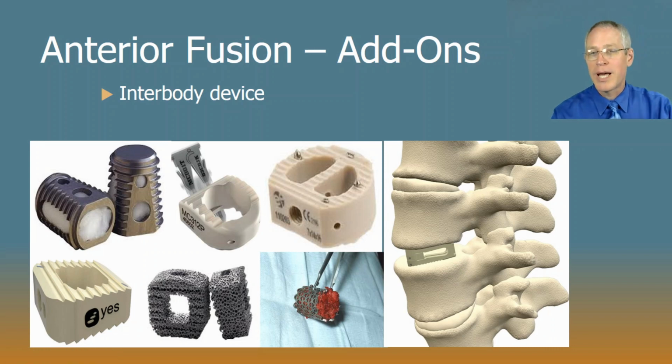So the anterior fusion add-ons, I showed you some morselized bone graft. Here are some interbody devices. We have the metal titanium type, which are put in through an X-lift or D-lift approach through those tubular retractors, so you can see that they're kind of skinny and corkscrew shaped and meant to be inserted in pairs, versus the PEEK cages you see here, which are constructed into a sort of wedge shape with ridges along the top and some kinds of locking mechanisms.